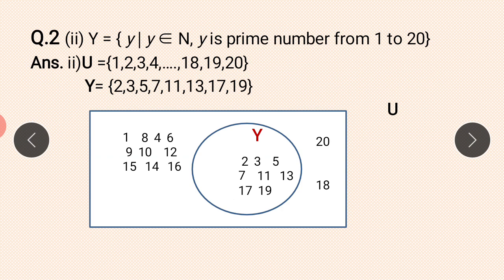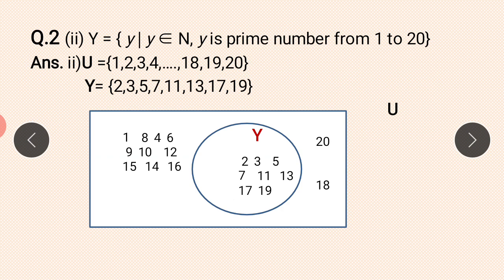The set Y has prime numbers from 1 to 20. Then write down the prime numbers. Set Y = {2, 3, 5, 7, 11, 13, 17, 19}. This is the Y set.